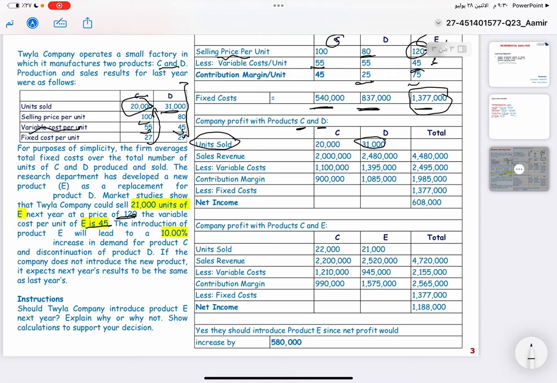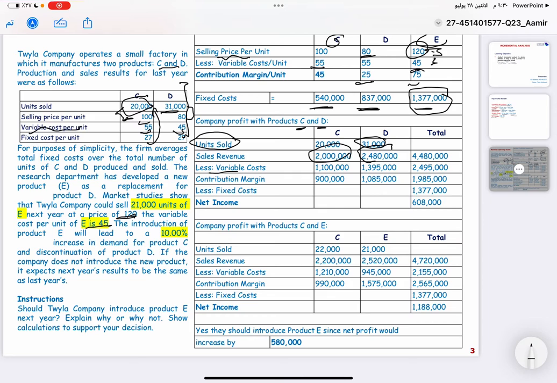So unit price 100 times units sold 20,000 equals 2 million. Here is the same calculation: 80 times 31,000 equals 2,480,000.